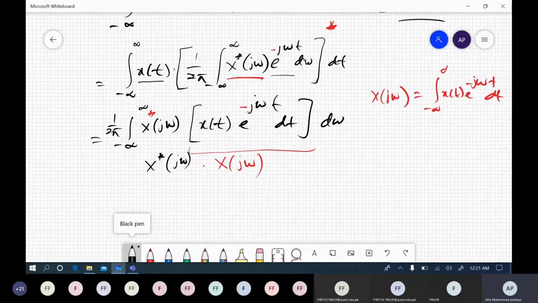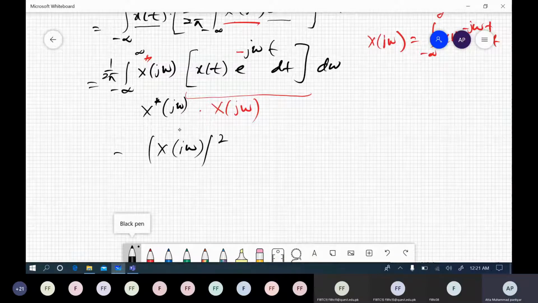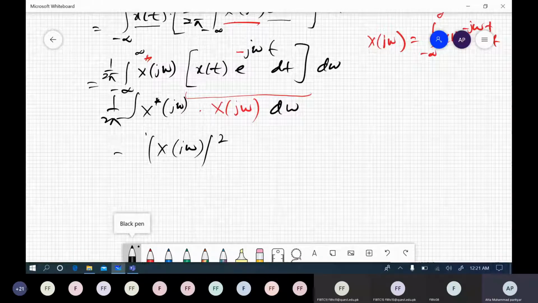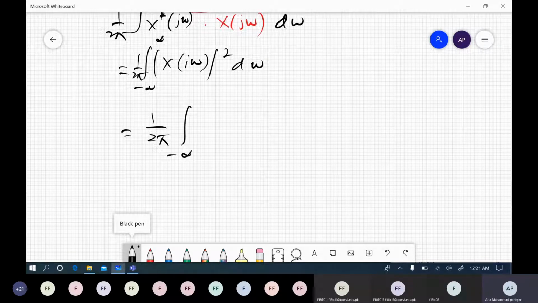Then if you multiply any complex number with its conjugate, you get x of j omega whole square, from minus infinity to infinity d omega. If you rewrite it, we can write it as 1 over 2 pi from minus infinity to infinity of x of j omega square d omega.